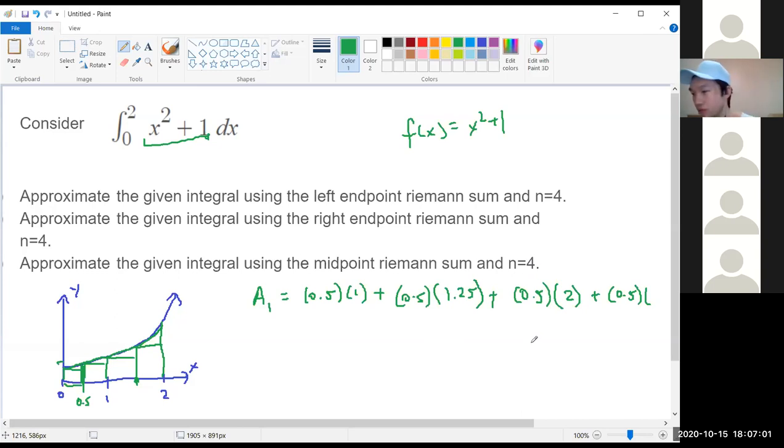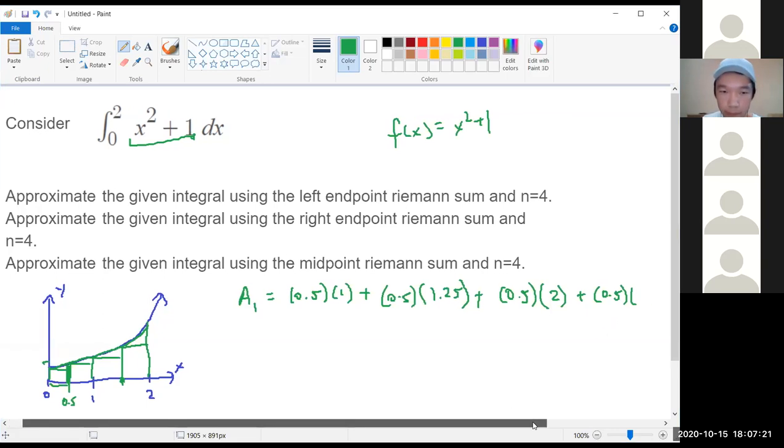What is 1.5 squared plus 1? It's 2.25, so it's 3.25.